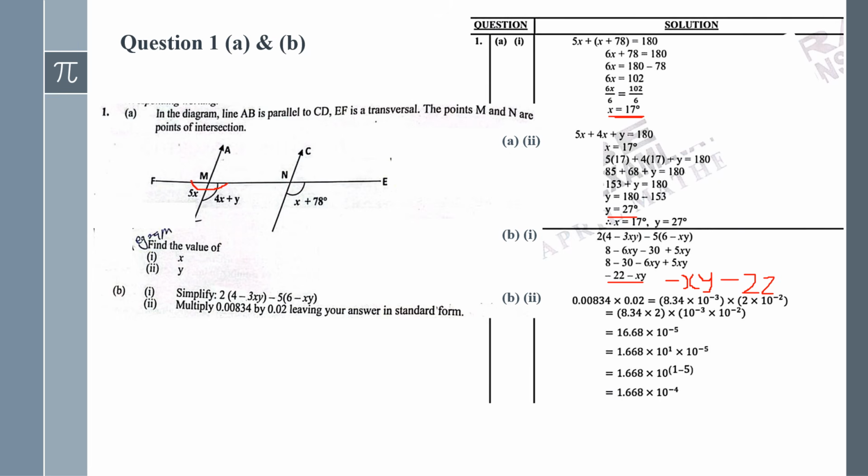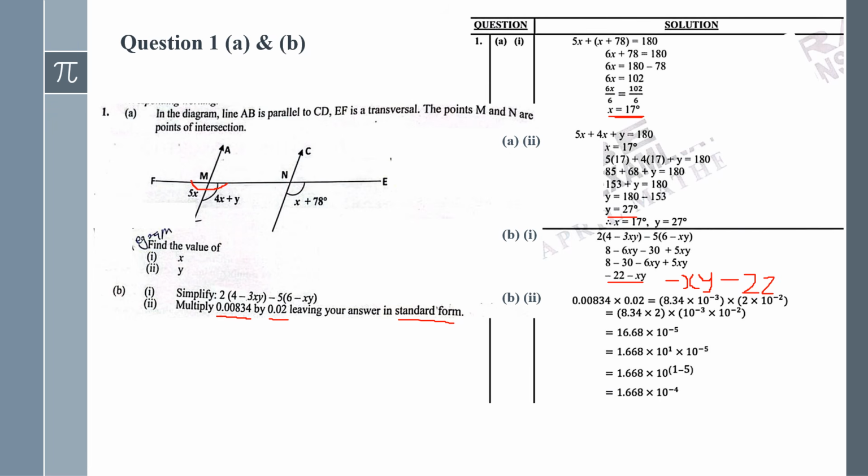Then we have to multiply 0.00834 by 0.02 and we'll leave our answer in standard form. So we express each of the decimals in standard form. For the first number, we'll have 8.32 times 10 raised to the power negative 3. In the second, we have 2 times 10 raised to the power negative 2.